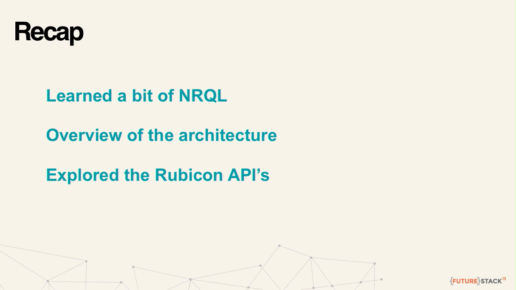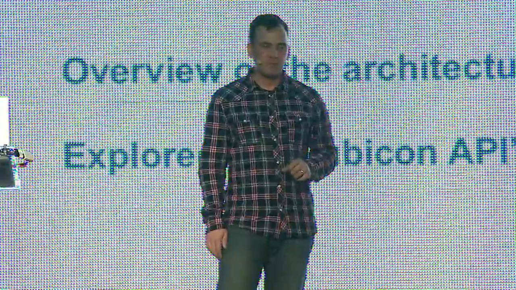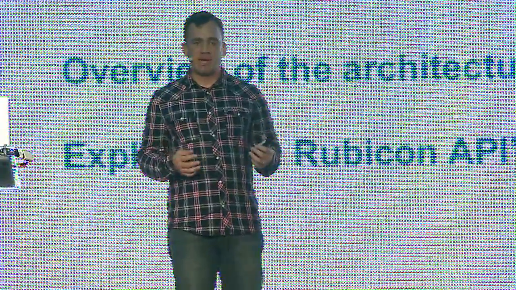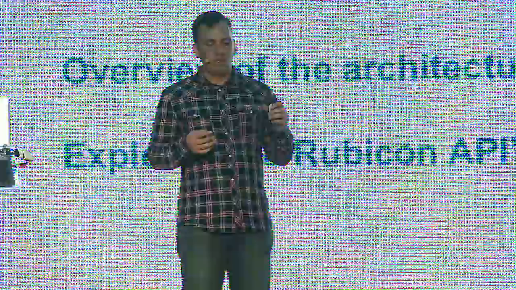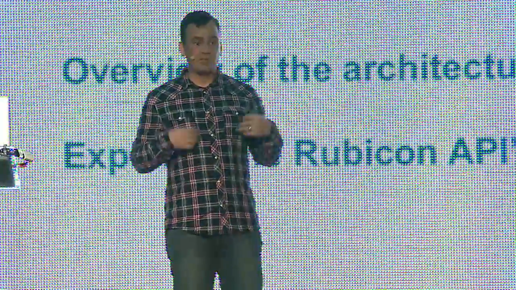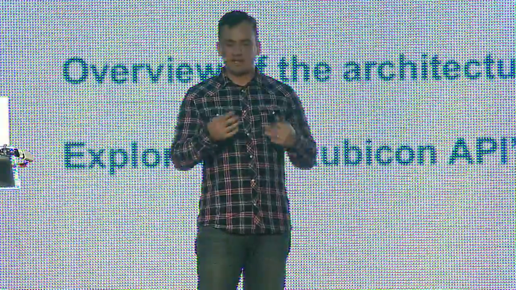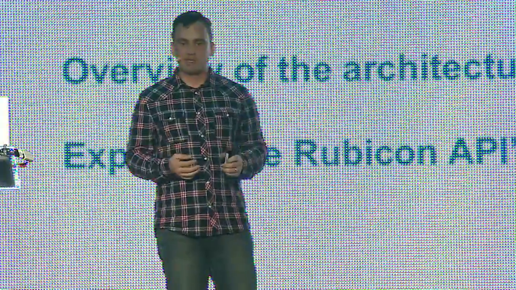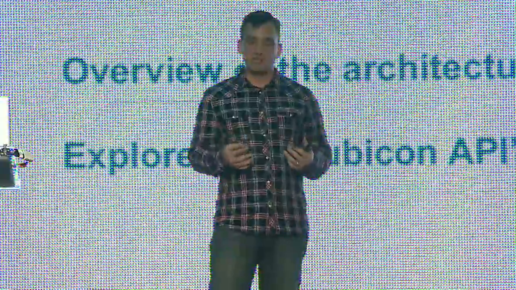We talked about a very brief overview of the Rubicon architecture, how we have a wide cluster, how we're partitioning the data across multiple nodes in the cluster, and how it's all built on really simple Java services. And then we explored the Rubicon APIs a bit, because Rubicon's designed to allow you to do whatever you want with it. So you should be able to access all of the data, get simple JSON responses, and build your own analytics features into your app.